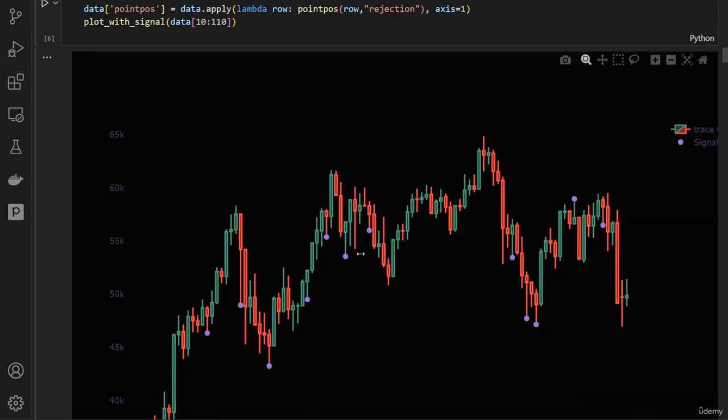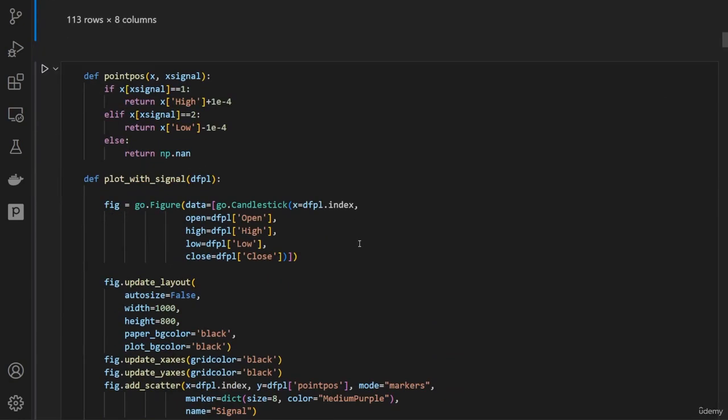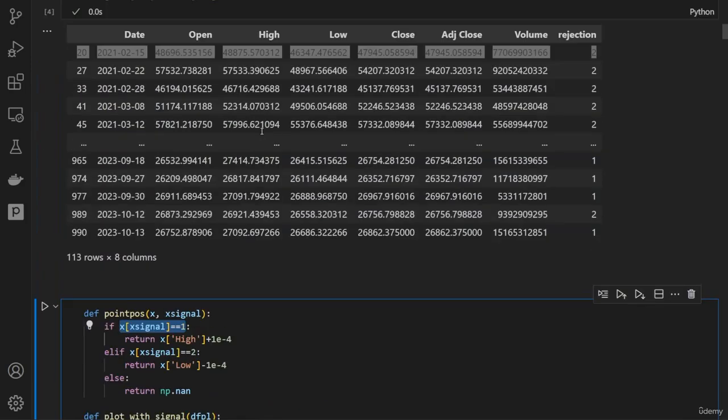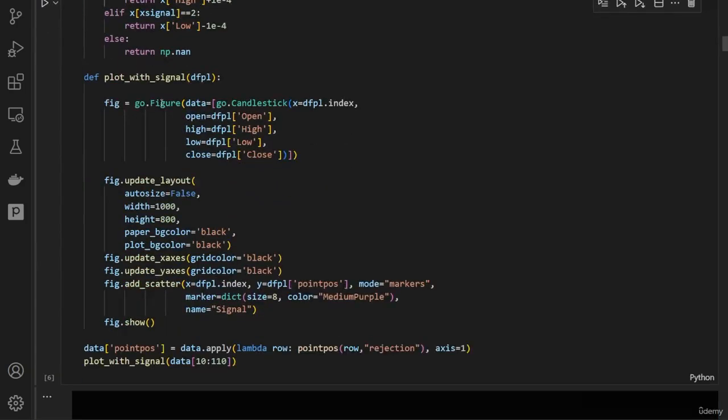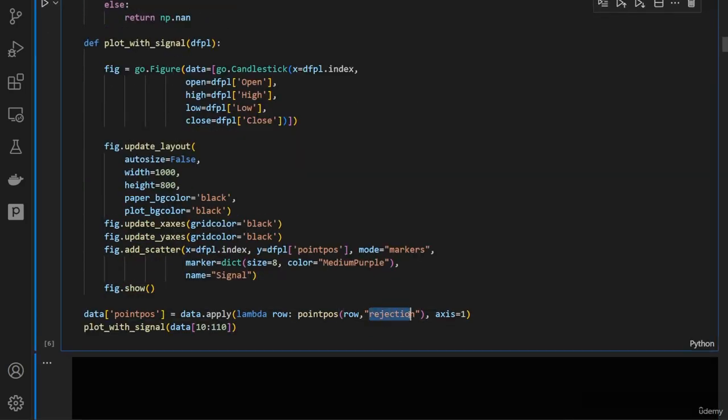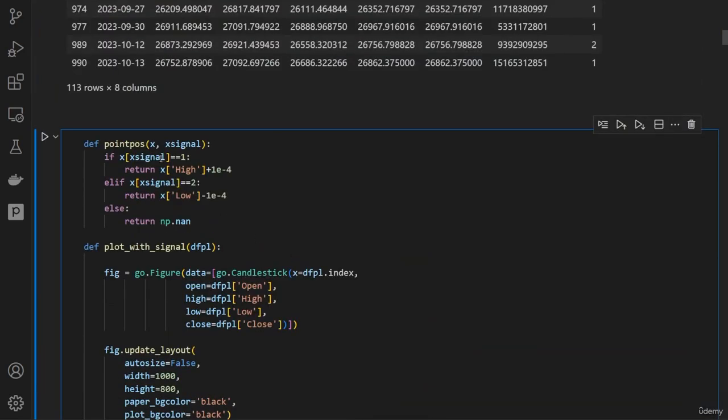The way I'm visualizing this is using this cell. I'm defining a new function called point position. It takes x and then the signal, x signal. If the signal is equal to 1, so whatever column we need to use as a signal, I'm using rejection here. So if the rejection column is equal to 1, in this case, I'm returning the high plus 1e-4.